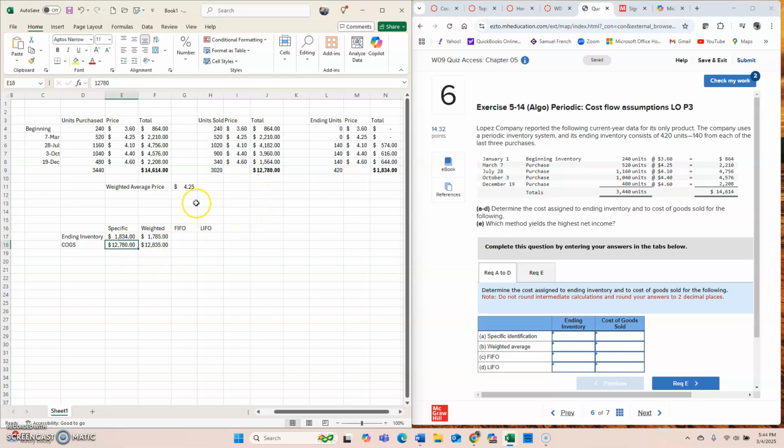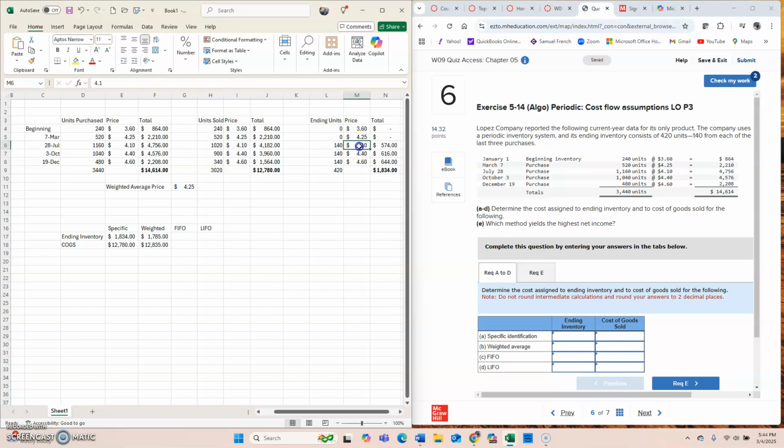And then our cost of goods sold is $12,780. Our weighted average price, we are going to find by taking our total amount, our cost of goods available, and dividing it by the units that we purchased. And that gives us our weighted average price of $4.25.